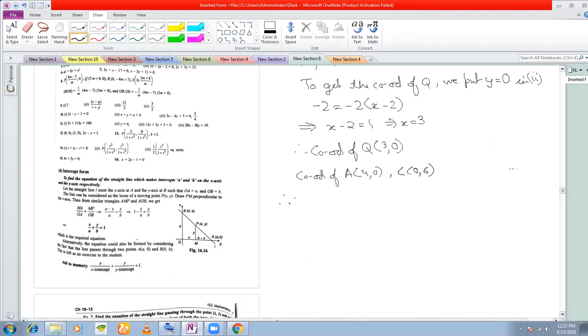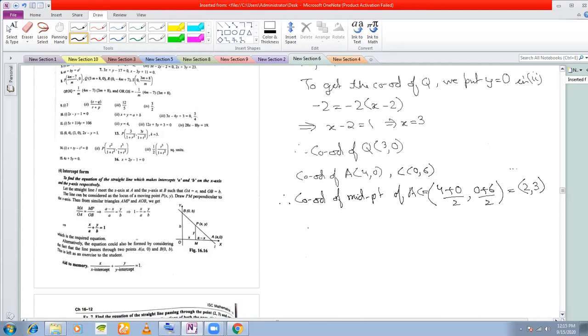Therefore, the coordinates of the midpoint of AC is (4 plus 0) by 2 and (0 plus 6) by 2, which is equal to 2, 3. So the coordinate of the midpoint of AC is this.